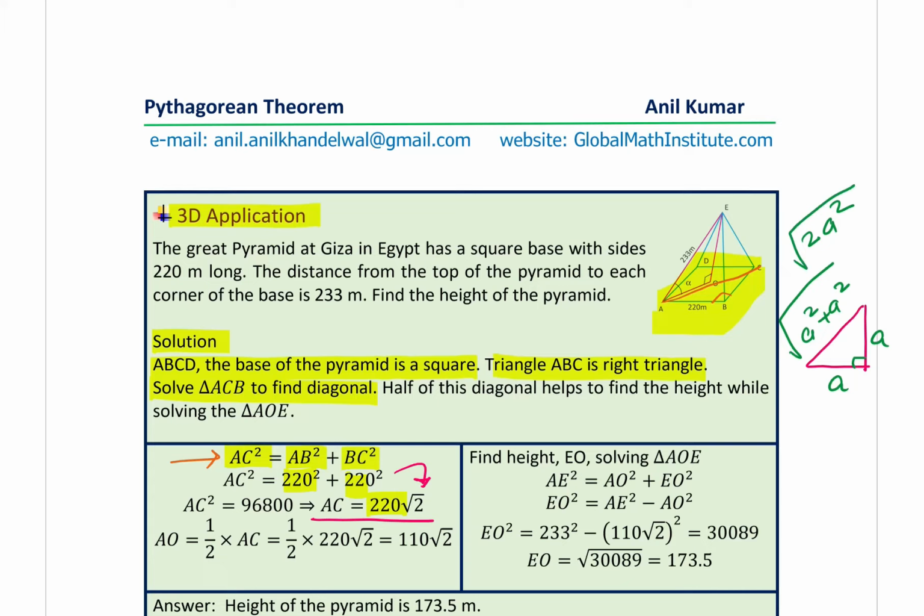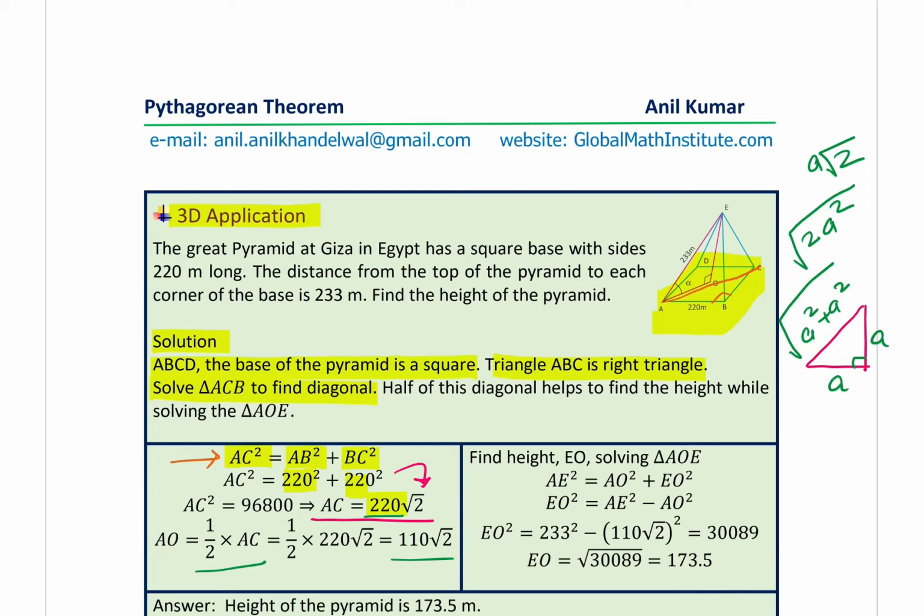So A square comes out as A, and you get square root 2 as your answer. So in this case, 220 square root 2 is your answer for the diagonal, right? That's an easy calculation. Now, AO is half of AC. So we do half of that to get the result as 110 square root 2.